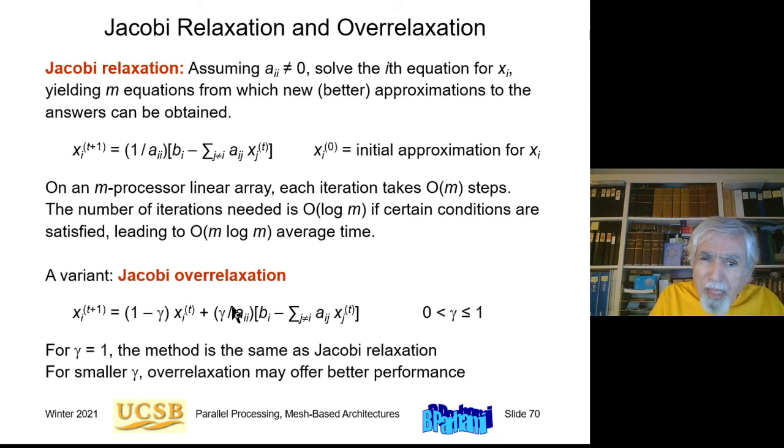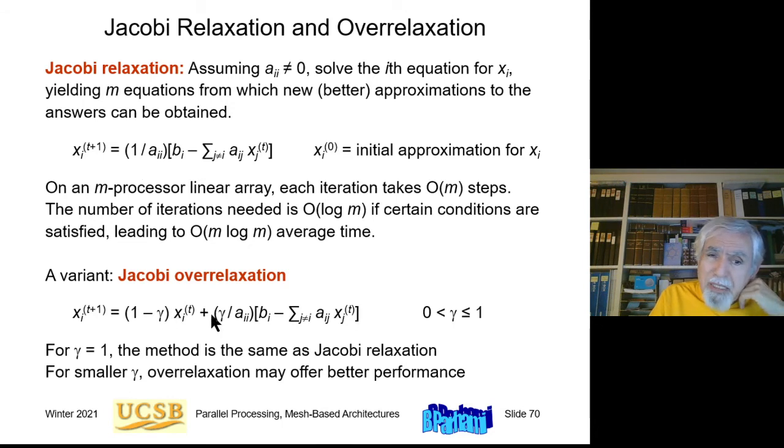Okay? And then you weight that by gamma. Gamma is a number between 0 and 1. And then you weight the old value by 1 minus gamma. So for example, if gamma is 0.5, then the new value will be 0.5 times the old value plus 0.5 times the new value suggested by this equation.